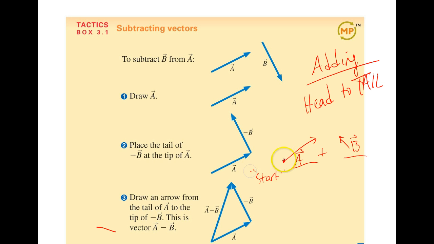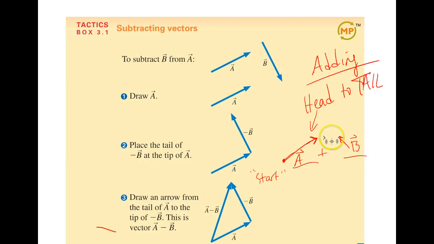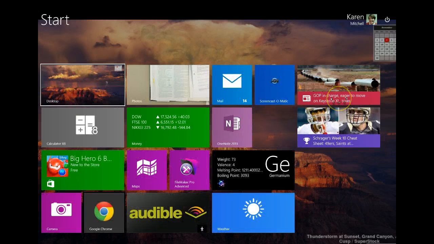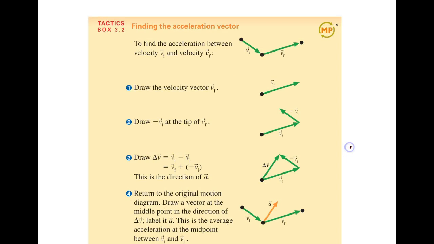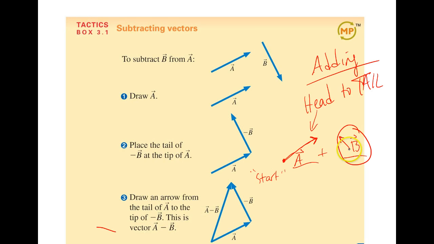Now, you trace the A until you get to the arrow point, and the head is what I'm talking about when I'm talking about the arrow, or the arrow is the head. So then you have to pick up this B and place it with its tail on the head of the last one.